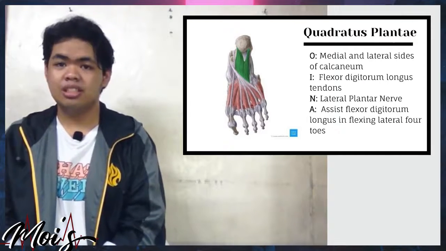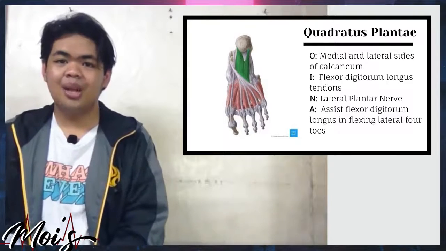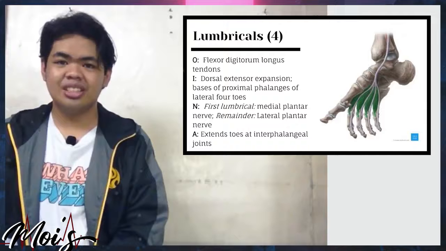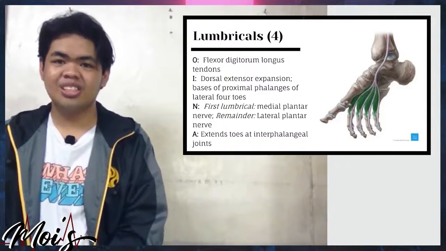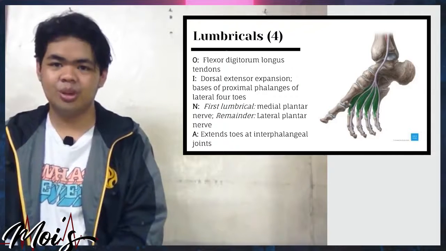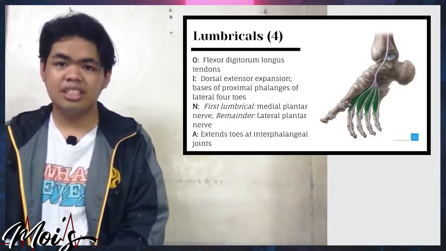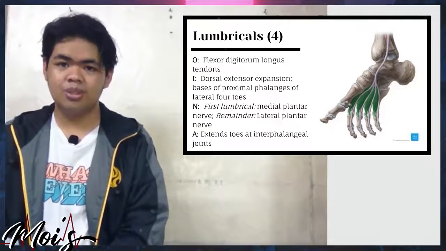This muscle assists the movements of the flexor digitorum longus, while the lumbricals originate at the tendons of the flexor digitorum longus and insert at the base of the proximal phalanx and the extensor expansion of the second to fifth toes. Its action is to flex the metatarsophalangeal joints of your second to fifth toes and extend the distal and proximal interphalangeal joints of the second to fifth toes.